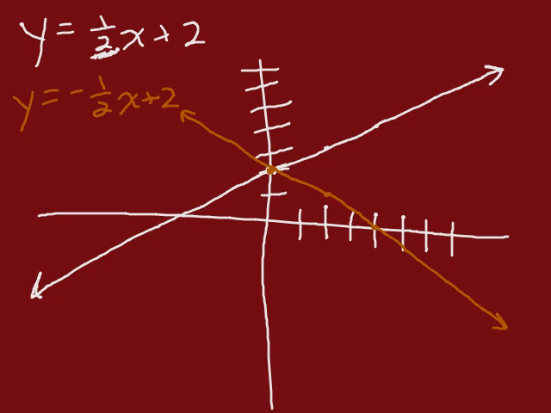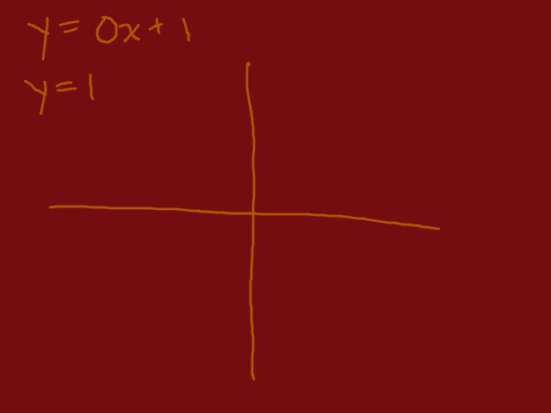Now, what if the slope is 0? Let's see what happens when we put the slope in that's 0. So we have y is equal to 0x plus 1. So that is y is equal to 1. And you guys have seen this before. In that case, we know that no matter what x is, y is always going to be 1.